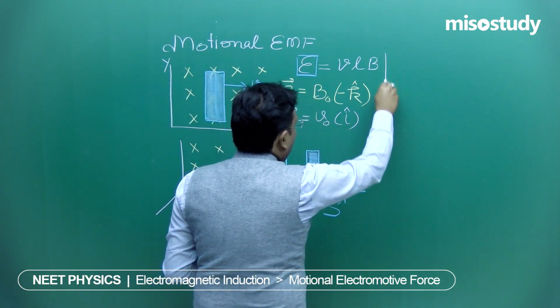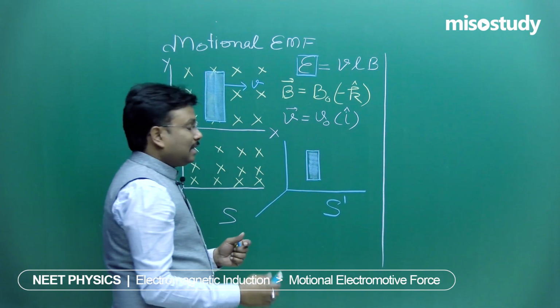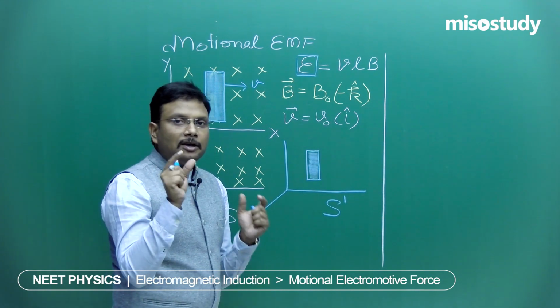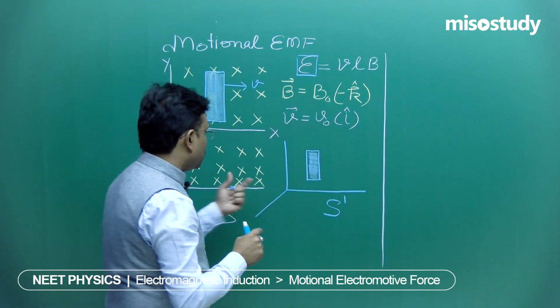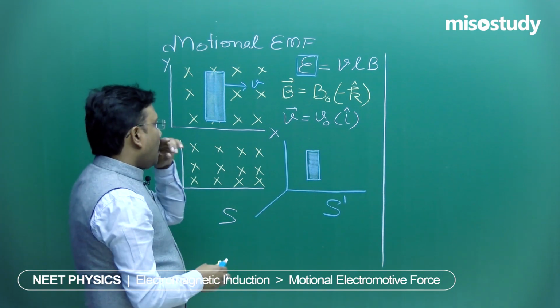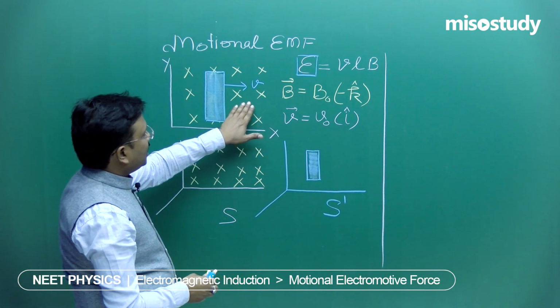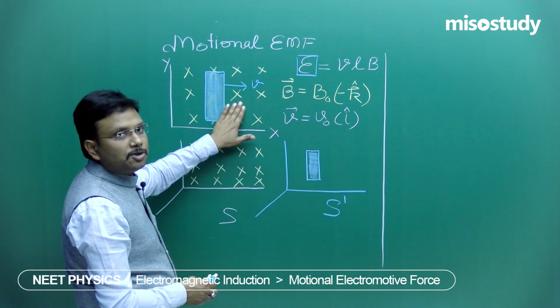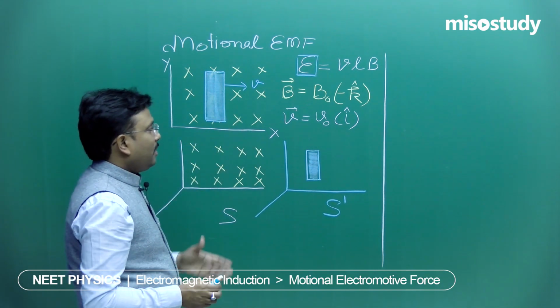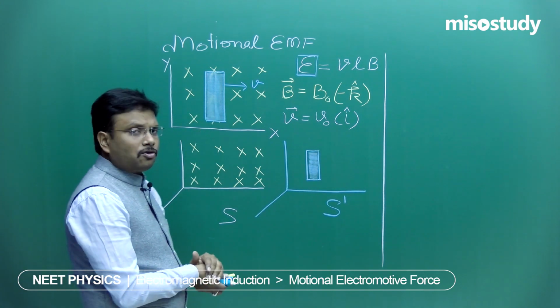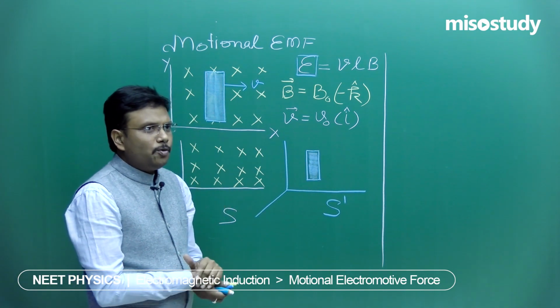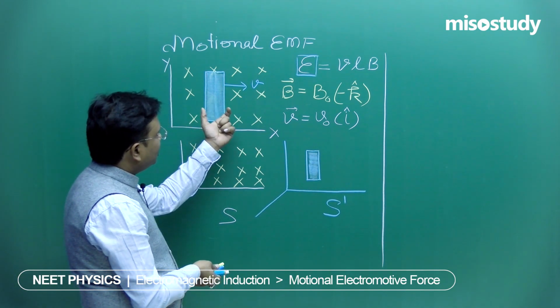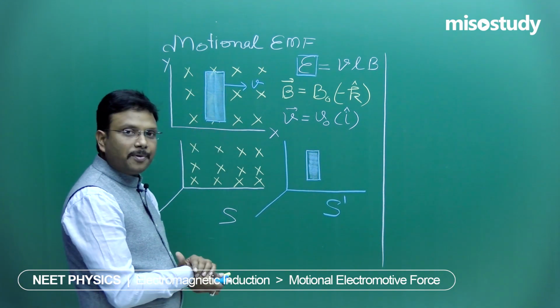Now I have to write down the electric and magnetic fields associated with these two reference frames. What exactly is the situation? Please take a look over here. This magnetic field is present, which I am showing with the help of a diagram. But if I am saying an electric field is also present, then a few of you may wonder from where the teacher is saying electric field is present.